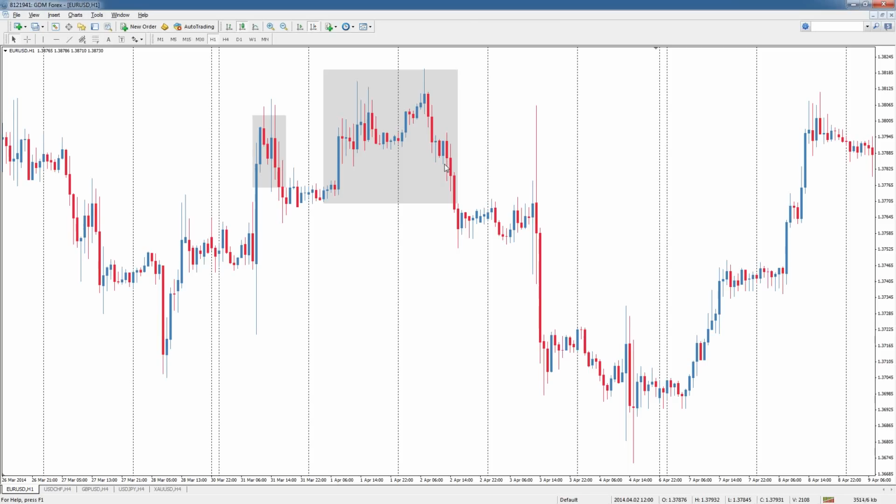Now, I should by all means state that a double top formation, especially when we're looking at a candlestick chart, does not have to be pretty or perfectly level or even symmetric in order to work. So don't get fooled by the fact that it's a bit skewed to the left or to the right, or that one of the peaks is slightly higher than the other.